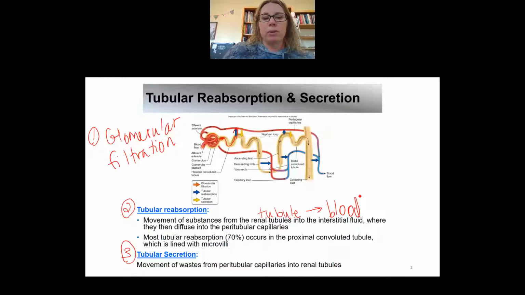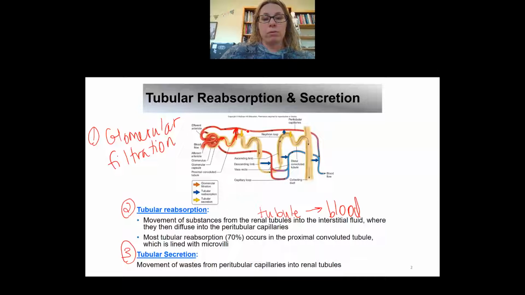Remember, there's 180 liters of fluid that's filtered out of the blood every day, and we don't go to the bathroom and urinate 180 liters of urine. 178, 179 of those liters are going to go back into the blood and be recycled through this tubular reabsorption process.